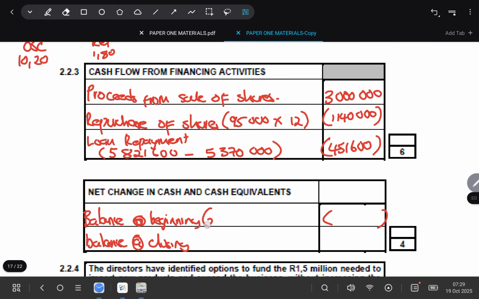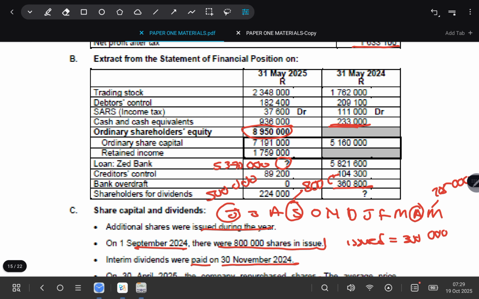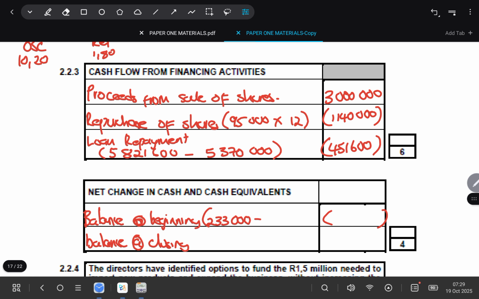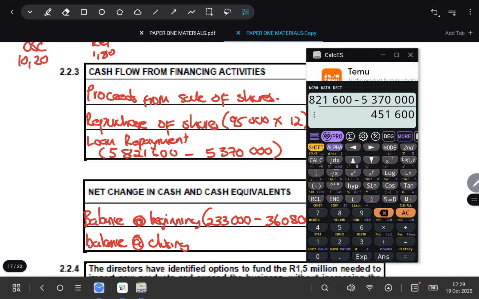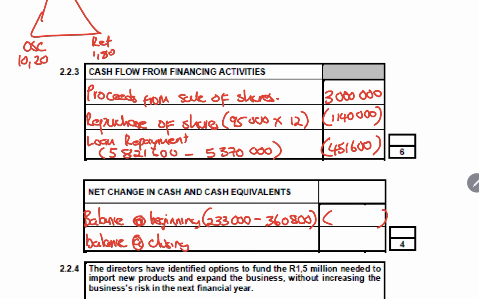We are going to say 233,000 minus 360,800. It will give us the amount we are expecting. So let's do it. 233,000 minus 360,800 gives us 127,800.